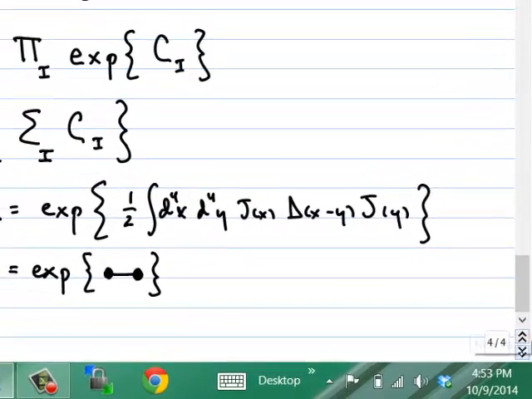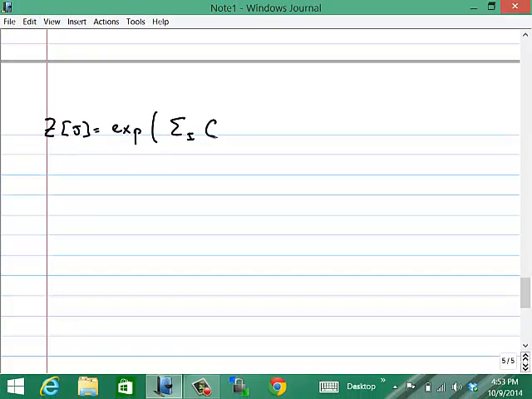So we saw that the general partition function is the exponential of the sum of all connected diagrams.